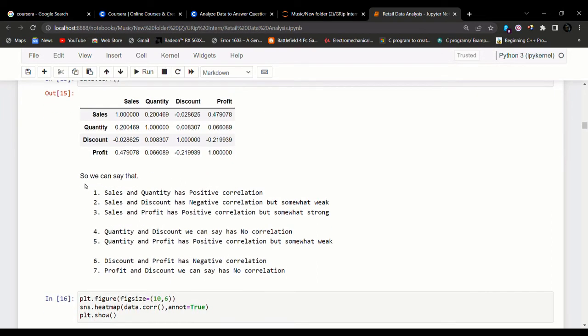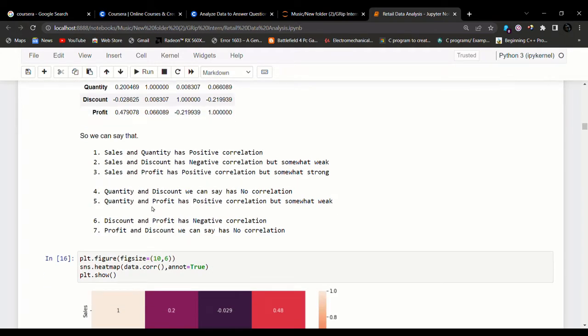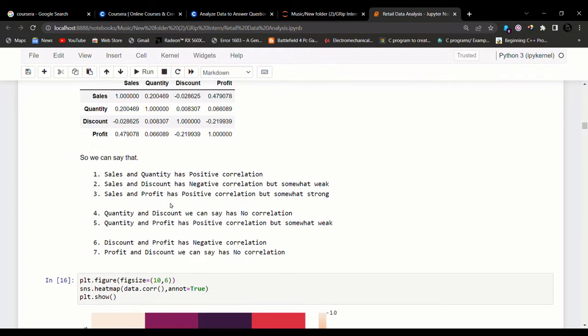And here I have checked for correlation of data. As I have concluded, observe that sales and quantity have positive correlation, sales and discount have negative correlation but somewhat weak. Sales and profit have positive correlation, somewhat strong. Quantity and discount have no correlation.